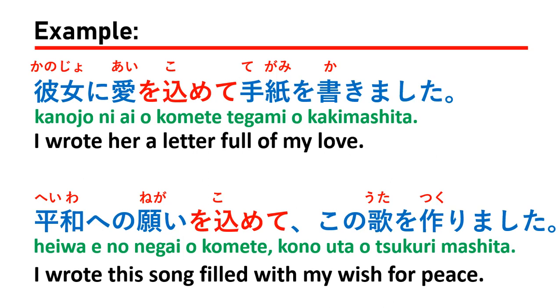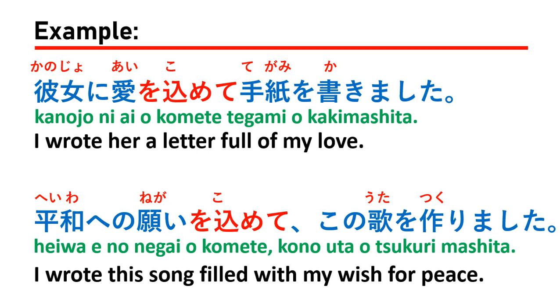That means you write a song. So this means I wrote this song filled with my wish for peace. That means you write about your feeling, your wish for peace, through your song, right?